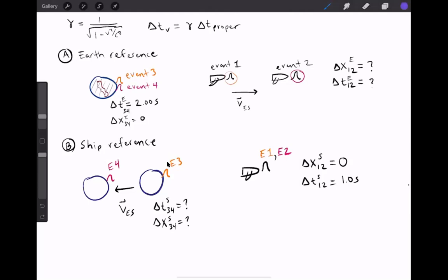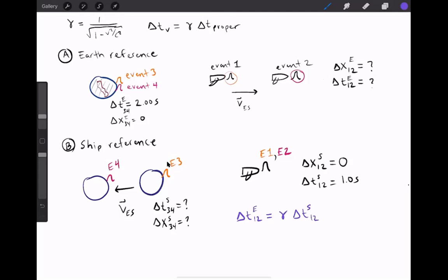So here's the first thing that I know how to get. I need to know this time over here, which I don't know, right? But I know that I can relate it through this in the spaceship between 1 and 2.